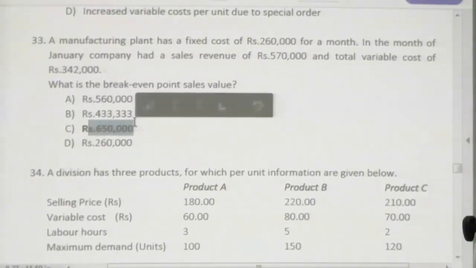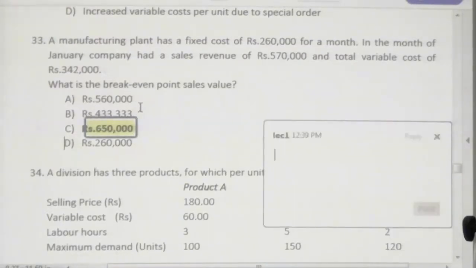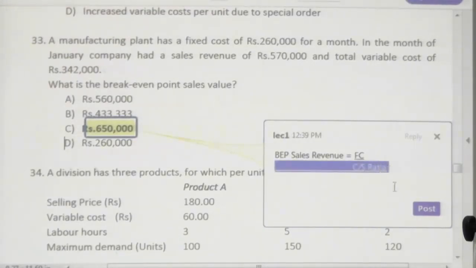I will show you the calculation like this. Break-even point sales revenue, you can calculate by dividing the fixed cost by your CS ratio, contribution to sales ratio.